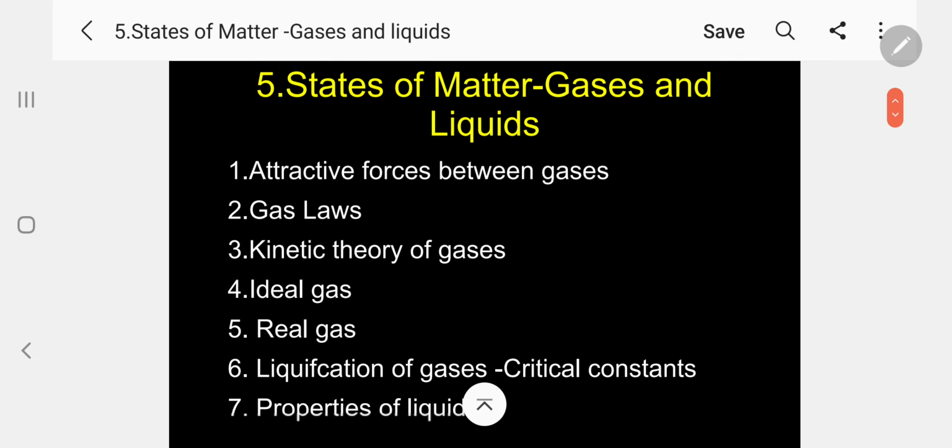Under this chapter, as a teacher, it is my duty to inform you what topics you have to study. Number one, attractive forces between gases. Number two, gas laws.